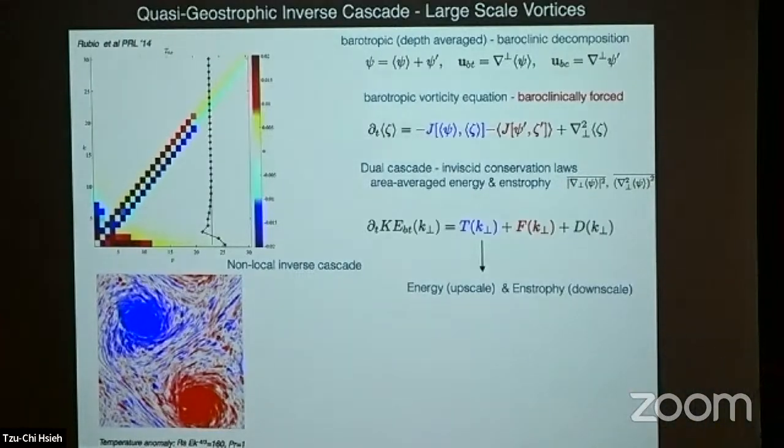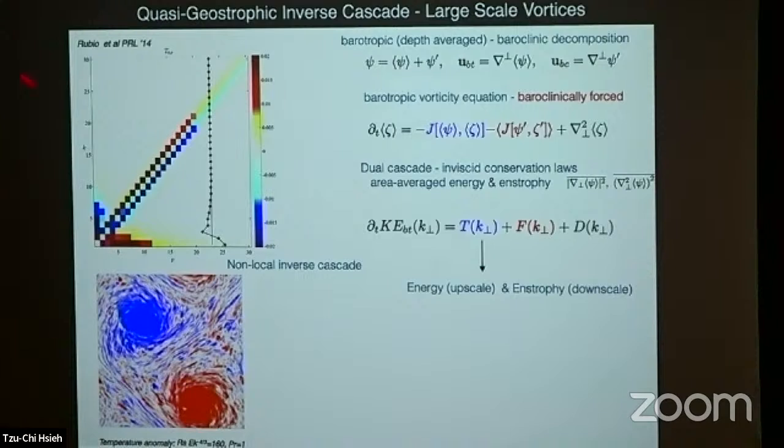In a transfer plot in 2D, where you look at how energy is transferred from one scale to another, a local cascade will happen on a vertical line. Anything off of this is a non-local cascade. This is the nonlinear transfer map of the nonlinear term.